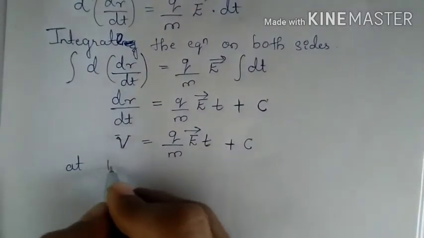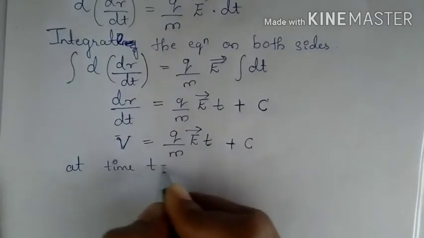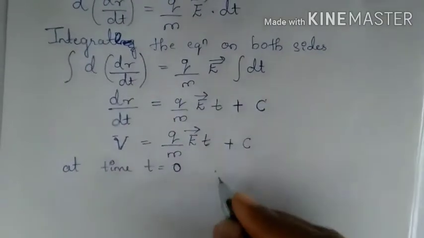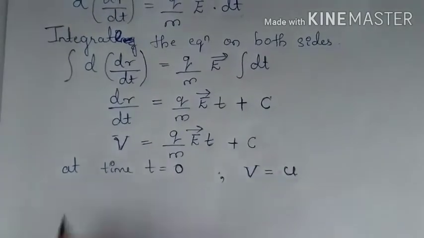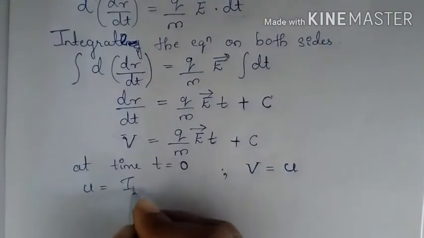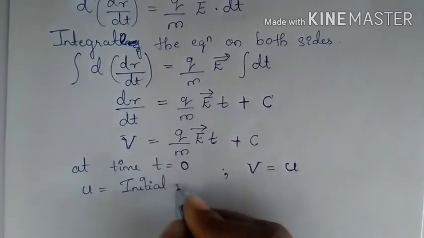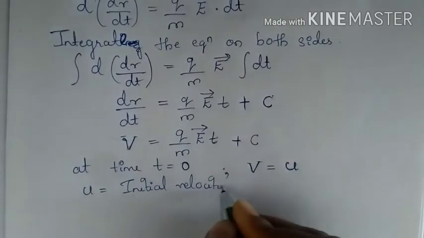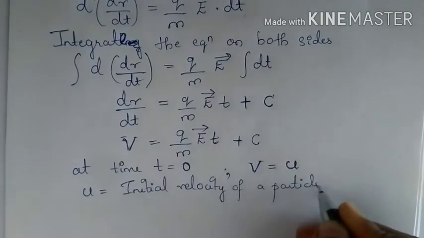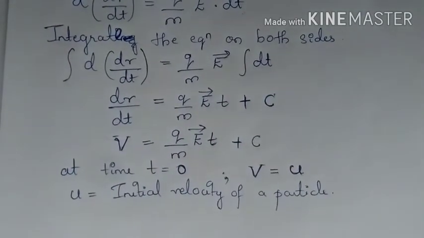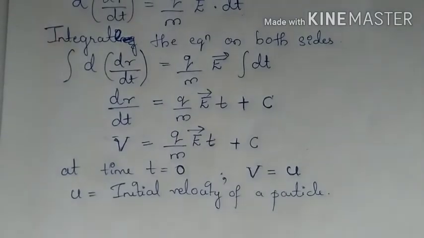At time t equals 0, the velocity of the particle can be written as u. So u means the initial velocity of the particle, before applying the electric field.